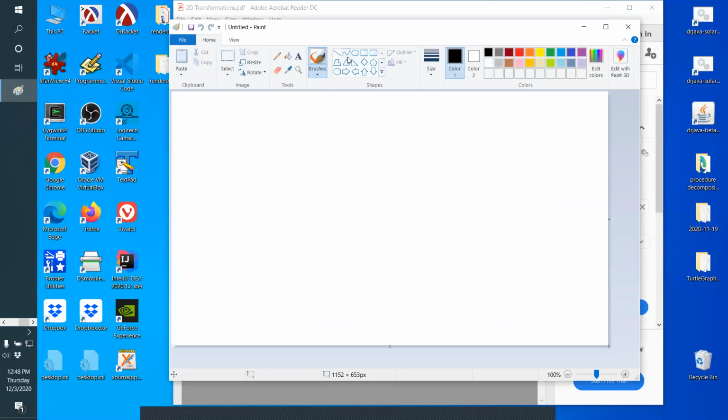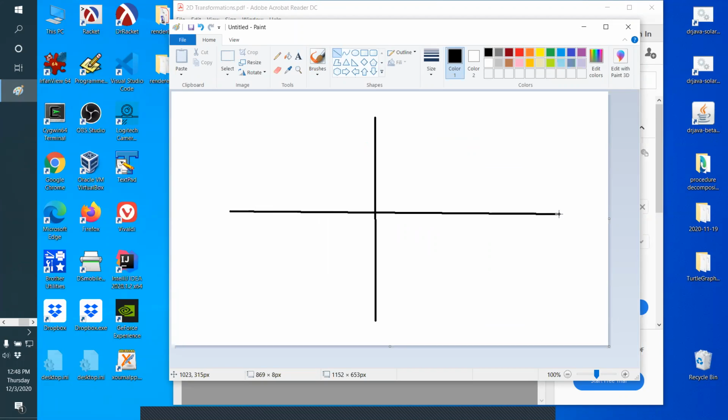If you create a two-dimensional plane, I can draw a point by making a tiny little circle. Okay, there's a point.